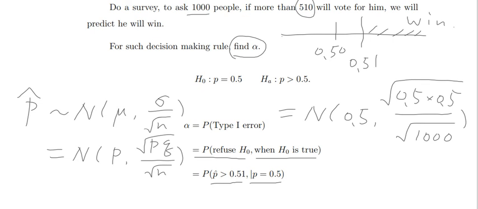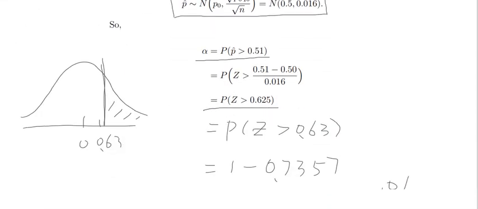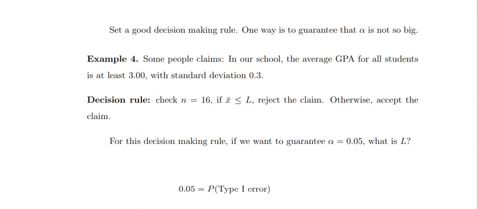Maybe with 3% it will be safe for me to claim I will win. So here's another story: we want to find a reasonable cut-off point or decision-making rule.